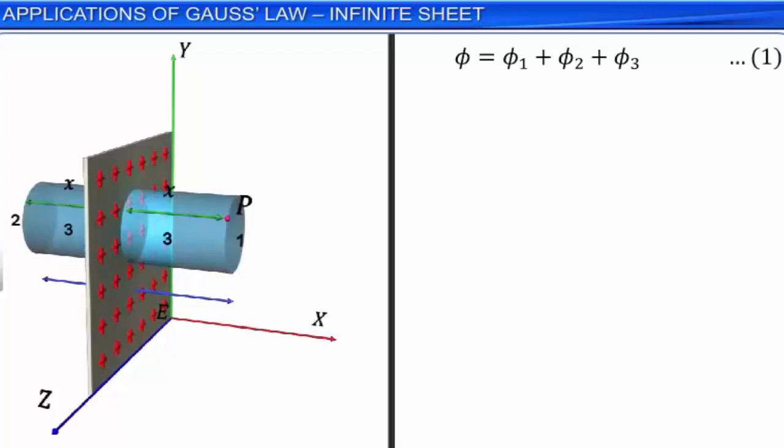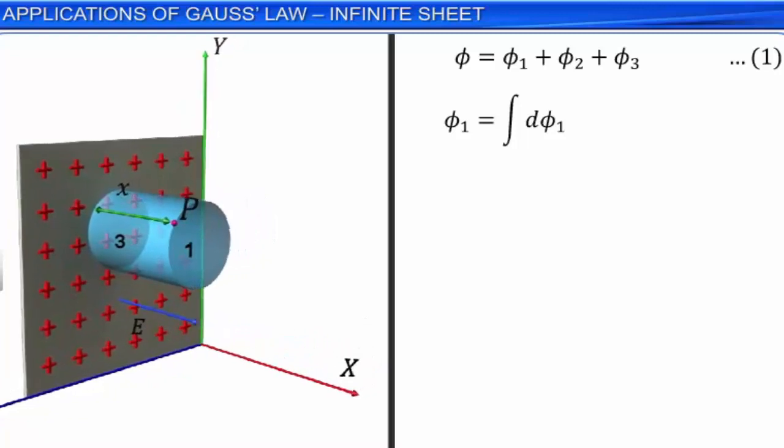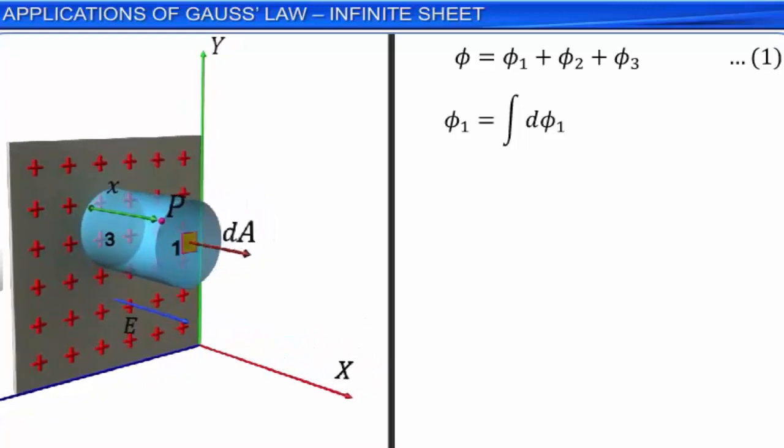Let us first calculate the electric flux, phi1, through surface 1. According to Gauss law, we can write phi1 equal to integral d phi1. Here, d phi1 is the electric flux through a small element of area dA on surface 1. d phi1 is equal to E dot dA, where E is the electric field strength at the local element considered, and dA is the area vector with respect to the local element considered.